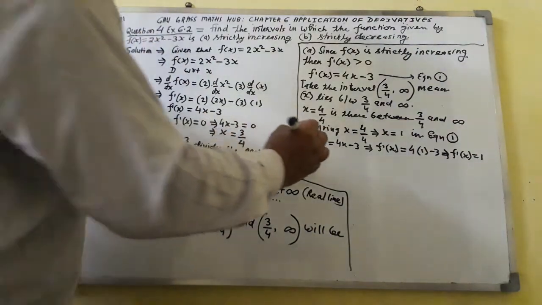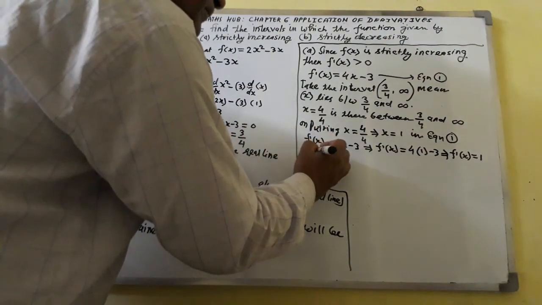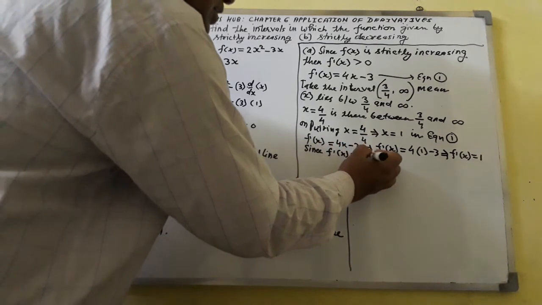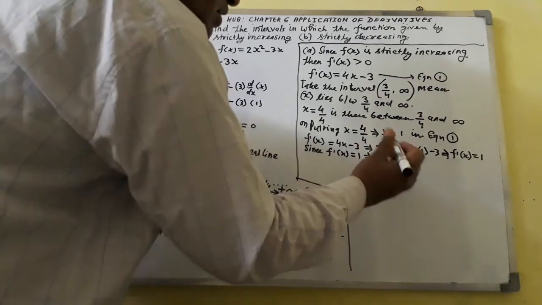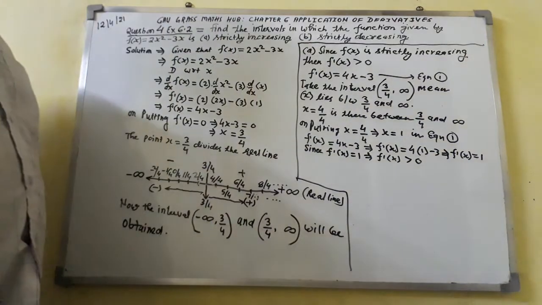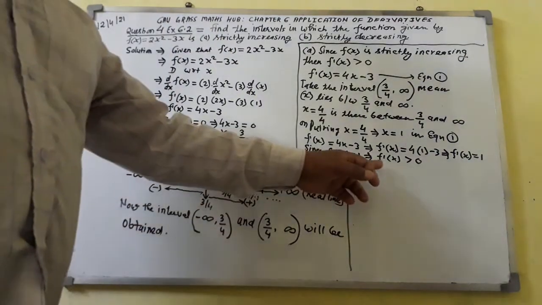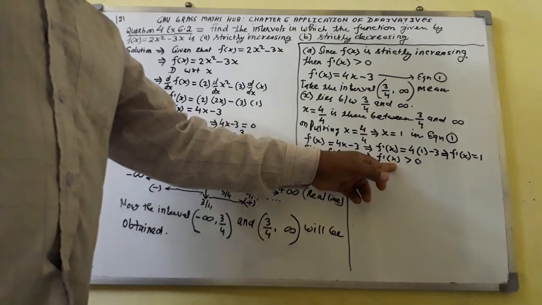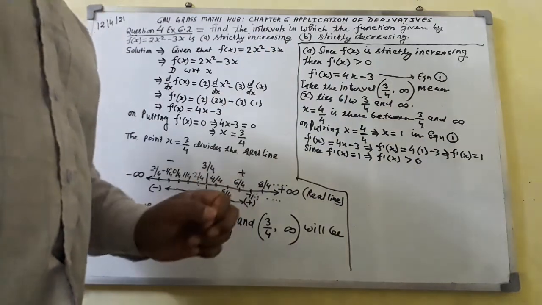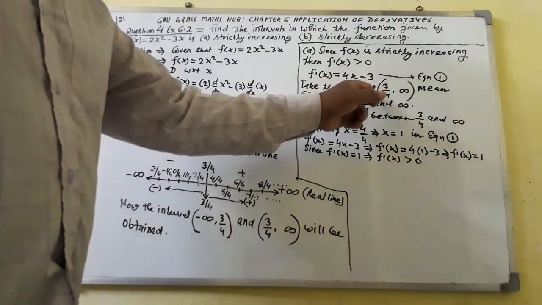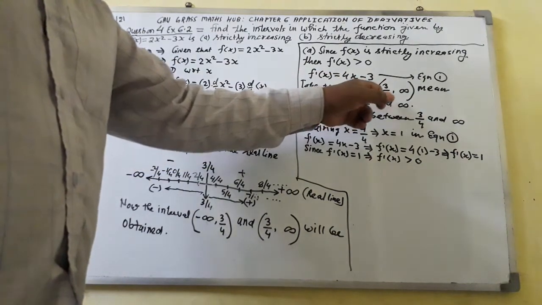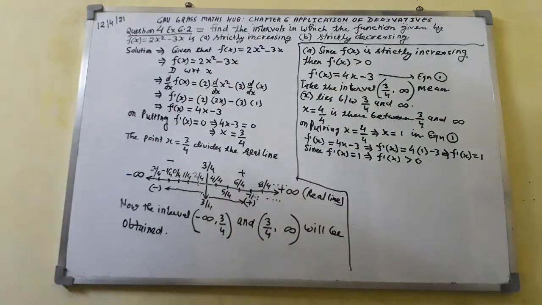So here, since f dash of x equal to 1, it implies that f dash of x is greater than 0. This thing I have proved. F dash x is greater than 0. So in this interval f of x will be strictly increasing.